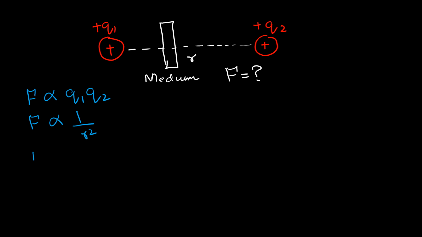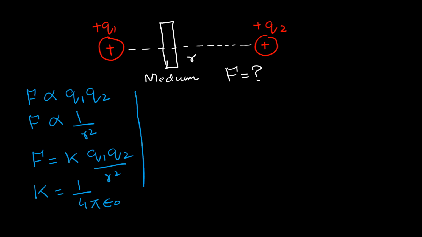If we combine these, we get the Coulomb equation F is equal to K Q1 Q2 divided by R square, where K is equal to 1 over 4 pi epsilon naught, and epsilon naught is the permittivity of free space.